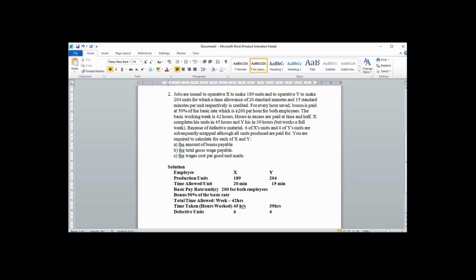How do we calculate bonus? We have different methods of calculating bonus. Can you still recollect? I taught that last class. What are the methods? Halsey bonus scheme, Halsey-Weir bonus scheme, and Rowan bonus scheme.